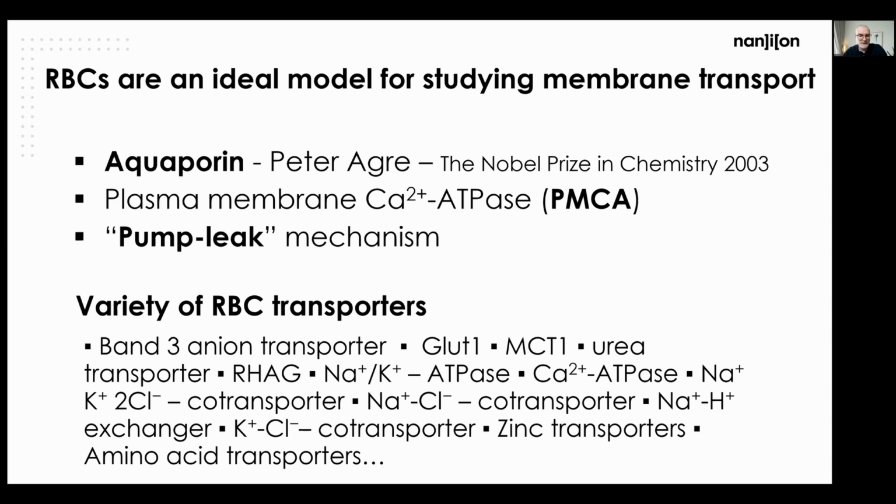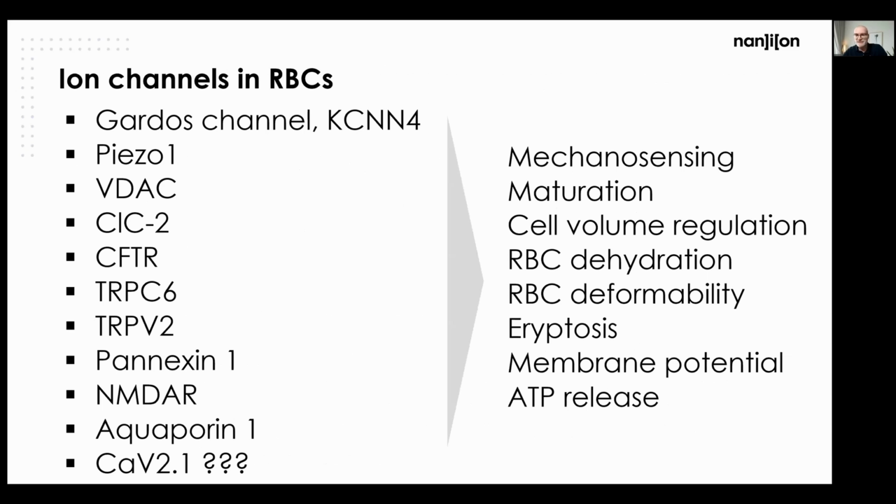And of course, we will not forget to tell you about ion channels in these cells. For the moment, a few ion channels have been discovered and characterized there, and they have been linked to some physiological processes like mechanosensing, maturation, or cell volume regulation. And also, some mutations are connected to red blood cell related diseases.